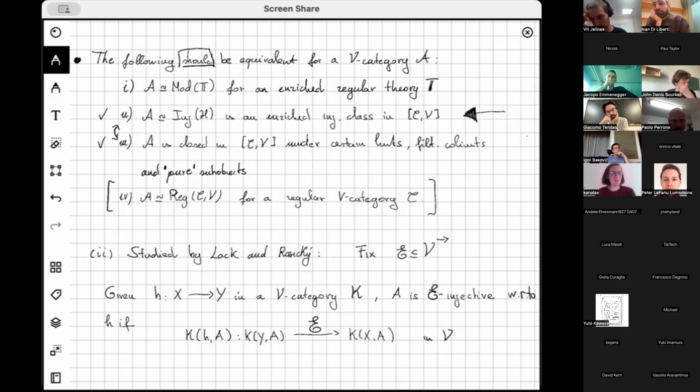So there are enough set models. And maybe a test question for this enriched kappa regular logic is: when is it true that a kappa regular V-enriched theory has enough models in V itself?